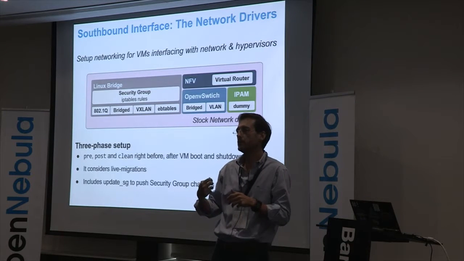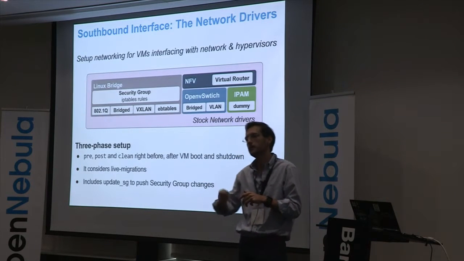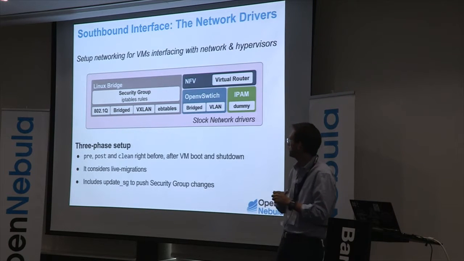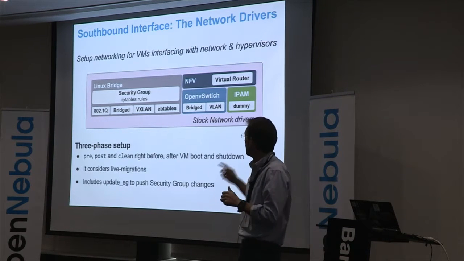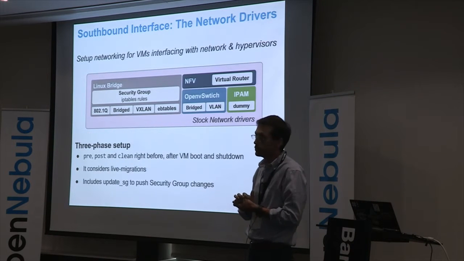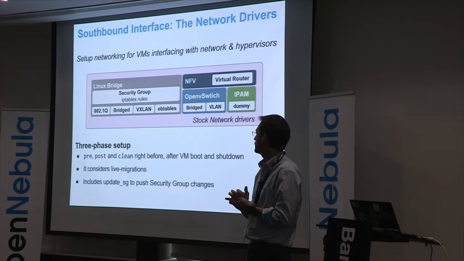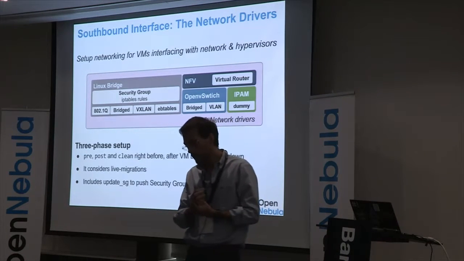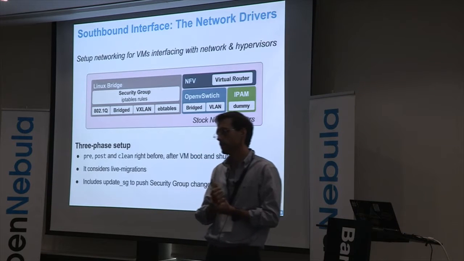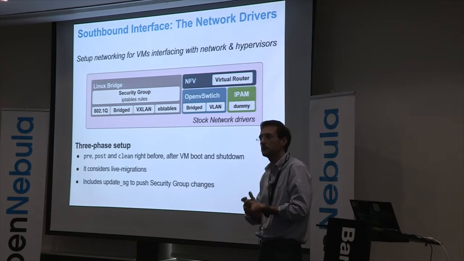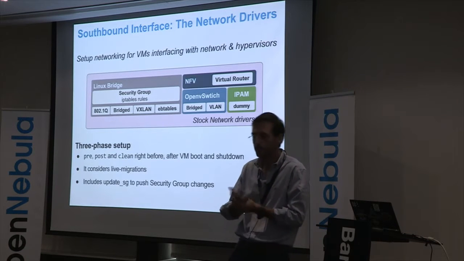And if you are using VLAN, we also tag the OpenVSwitch ports with the associated VLAN ID. In this case, with OpenVSwitch, you cannot use security groups, right? Why? Because our implementation of security groups is based on iptables, and OpenVSwitch is not compatible with iptables.